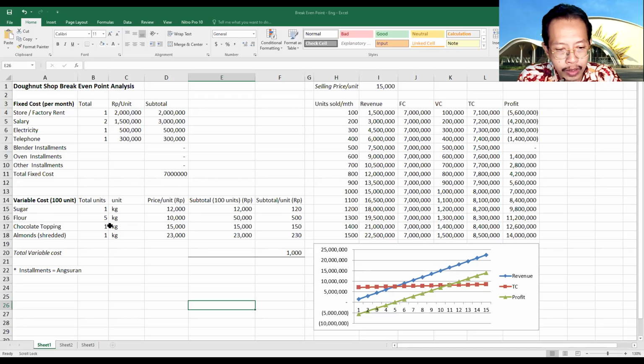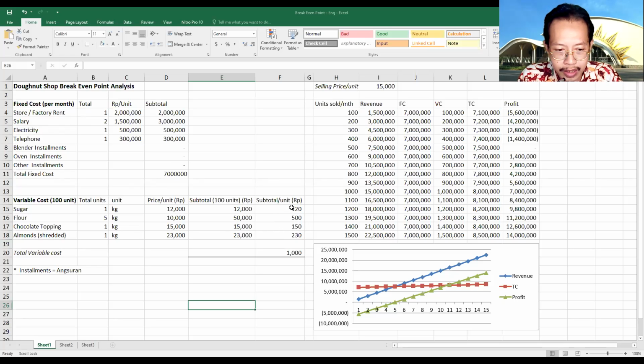The flour, you would need 5 kilograms for 100 units. So each unit would need 500 rupiah worth of flour. Chocolate topping, 150, and then almonds, 230, a total of 1,000. So for each donut, you would need 1,000 rupiah. That's the variable cost. You have to later on add the fixed cost also.